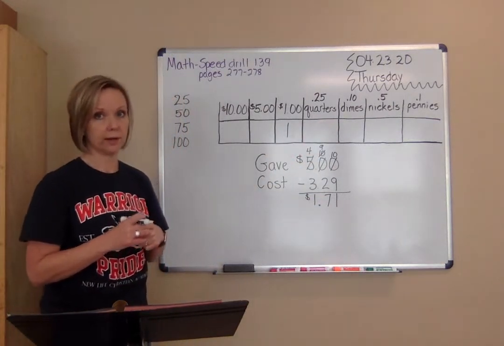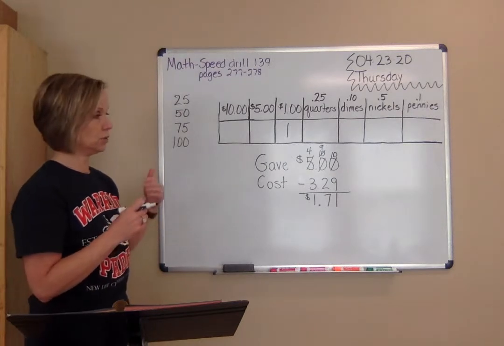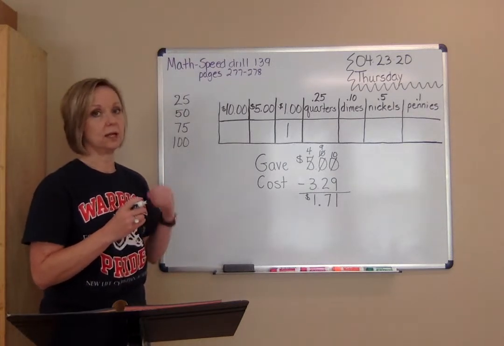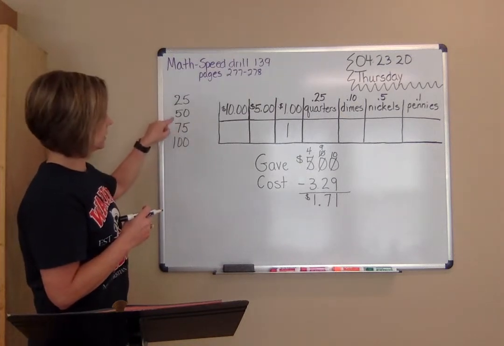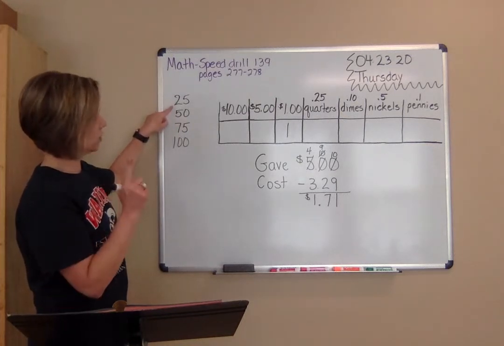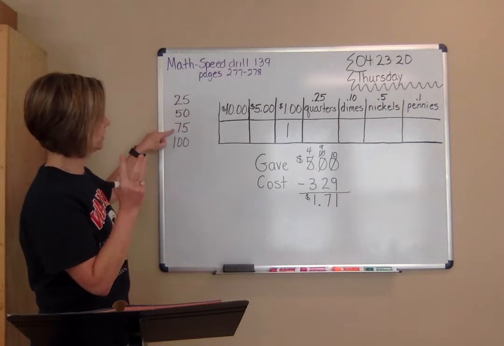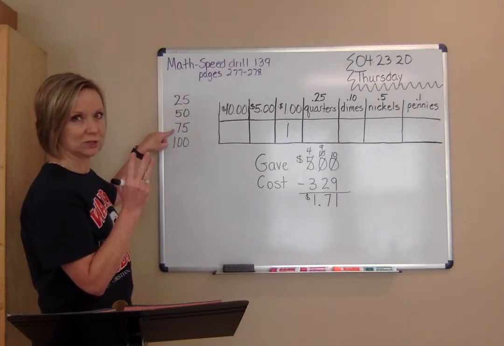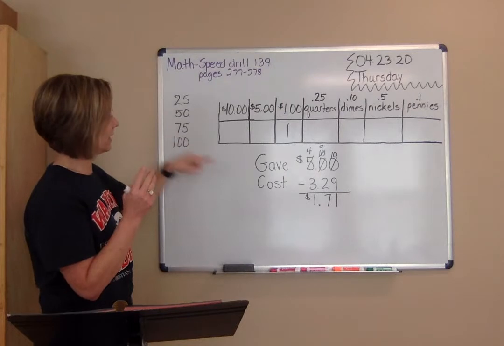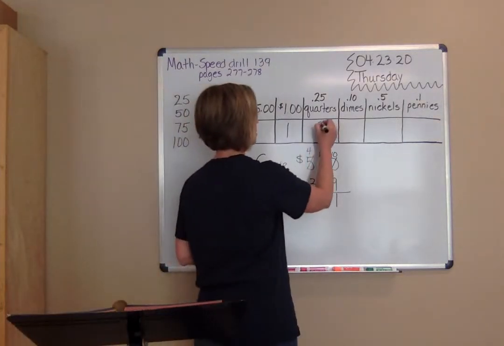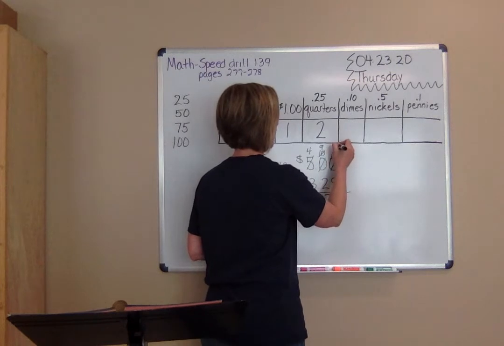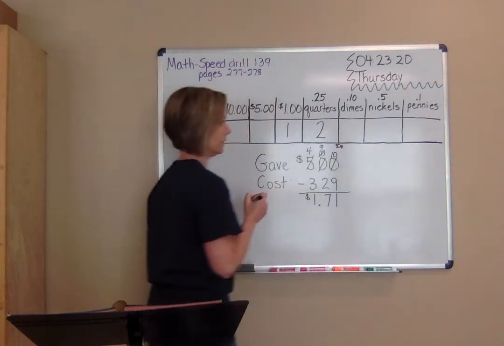That's a big amount, right? So, 25 cents, 50. Let's start using those quarters. So let's look. 25 is 1 quarter, 50 is 2, 75 is 3. 75 cents is a drink now, but 75 here is too much. So let's back up. Let's use 2 quarters. And if you want to come and write 50 cents right there, that's fine.